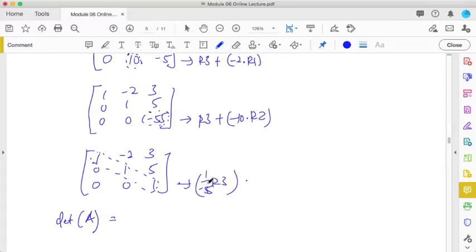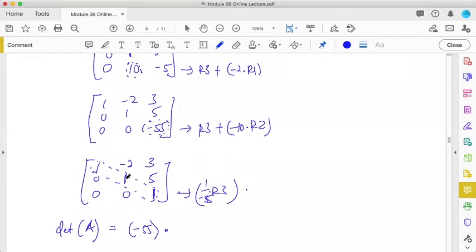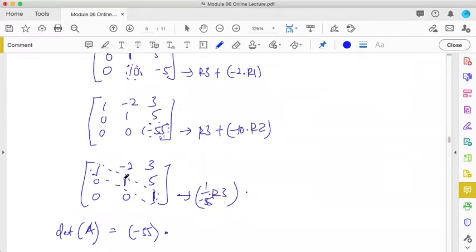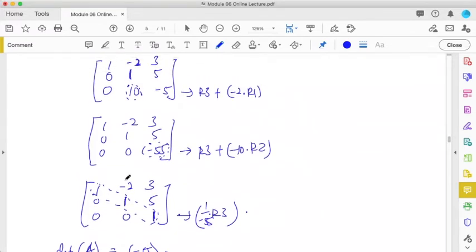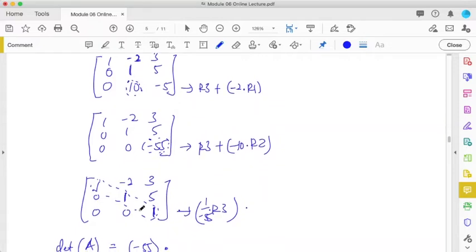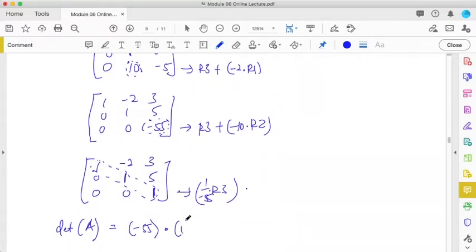That one we used to get this coefficient 1. So you take that negative 55, multiplied with the other coefficient, which is that one. So what value do you need to convert that to become 1? You didn't use any value, so you just write it as a 1.